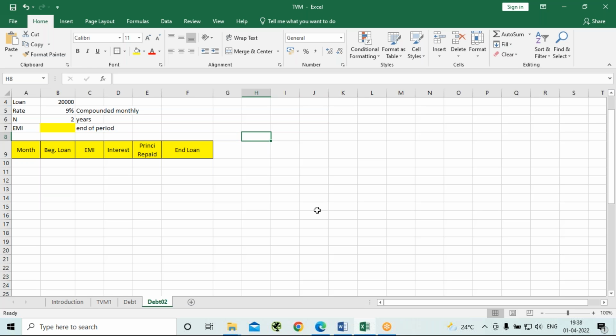Can anyone take the initiative for this? Because this is very important when you're doing a calculation. When I'm giving you an assignment, you're supposed to do it.